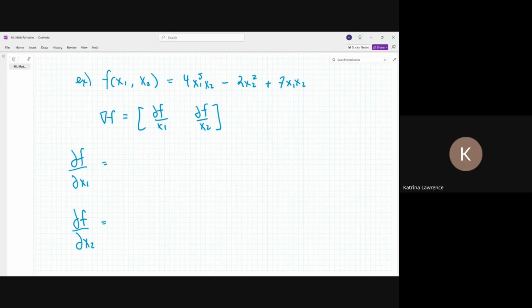So we're going to use the same strategy that we used in our previous problem. If we're looking for the derivative with respect to x1, we're treating x2 as a constant. So here we're going to end up with 20x1 to the power of 4 x2. And then there's no x1s in our second term, so it is 0.